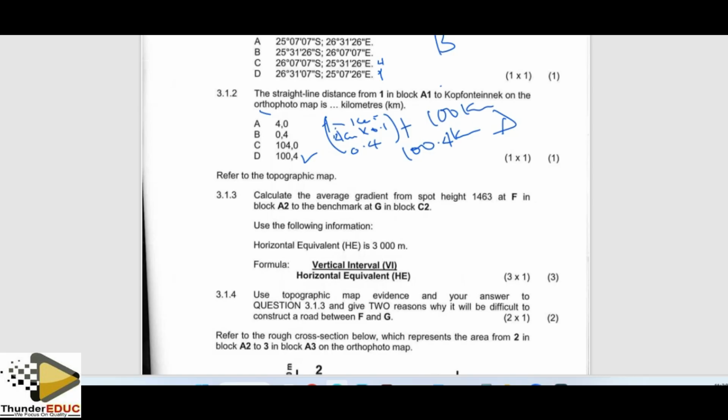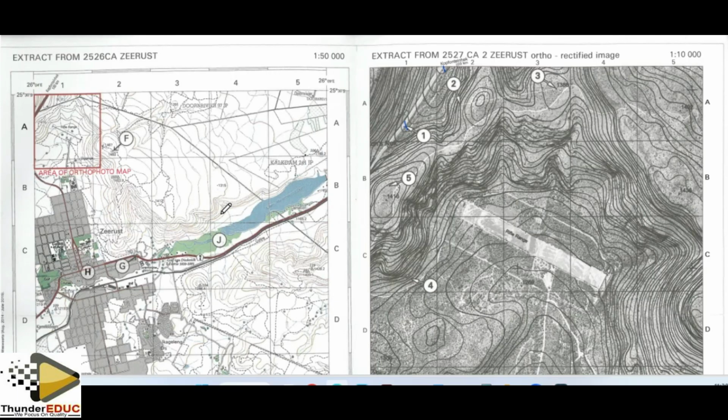He said spot height at F, where is F? F is here, and the height at F is indicated there, which is 1463 meters.